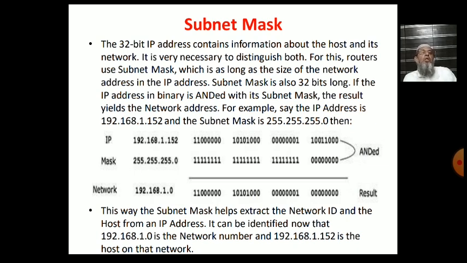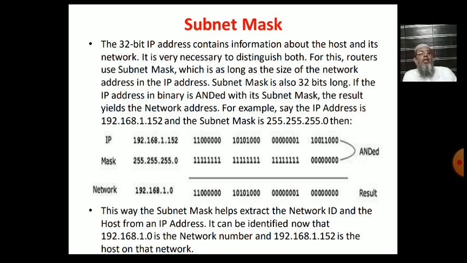Now we know this is an IP address of class C. We'll discuss all the classes later on. The default subnet mask of class C is 255.255.255.0 if you are using classful addressing.